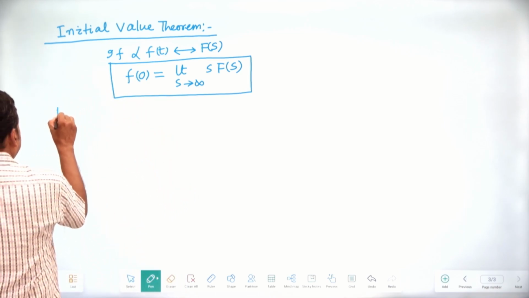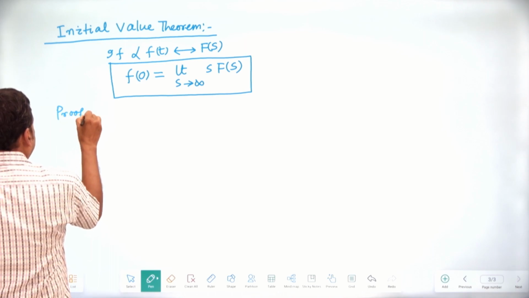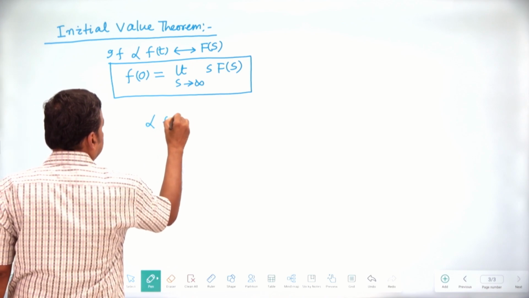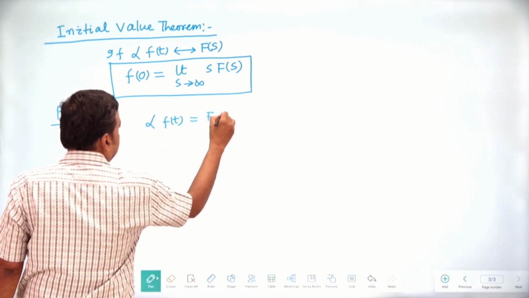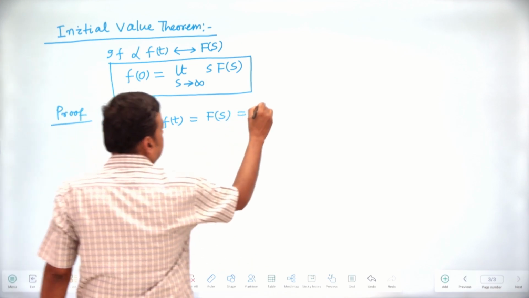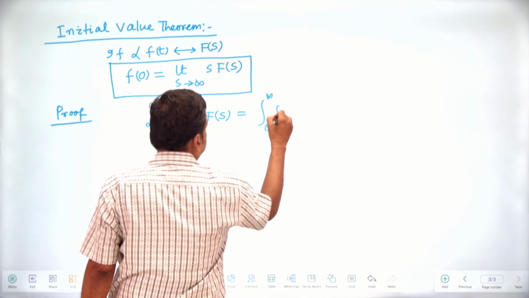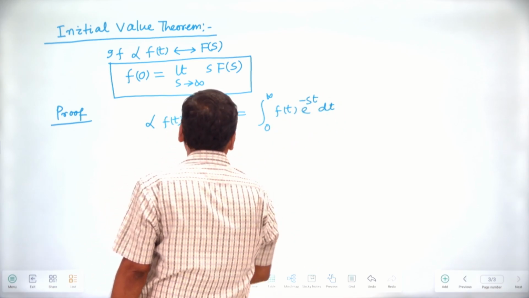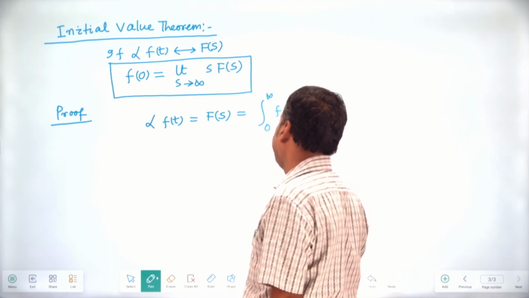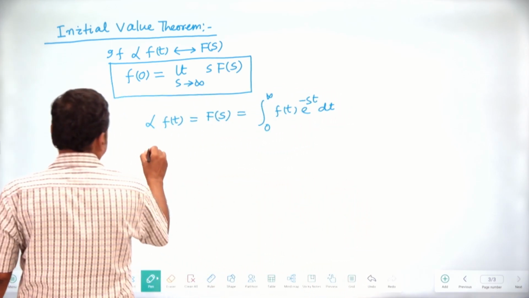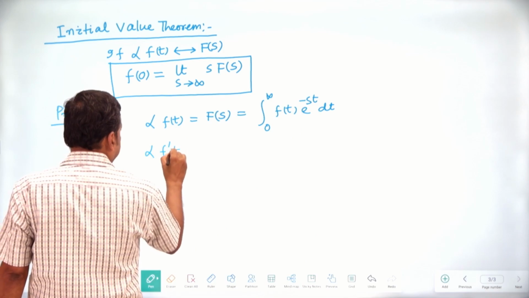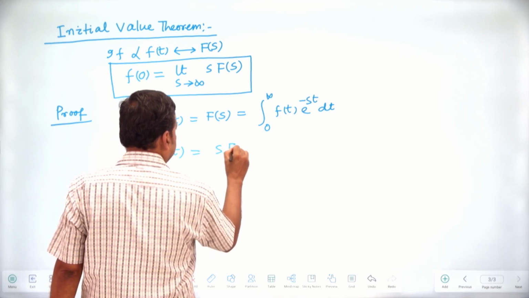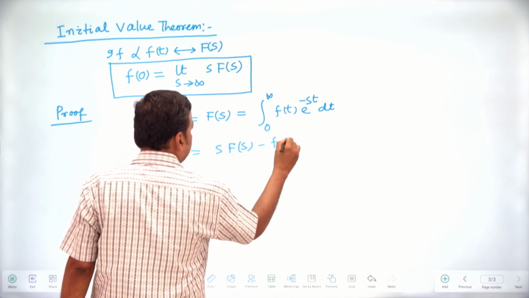As far as the proof is concerned, you already know that the Laplace transform of f(t) is F(s), with the standard formula integral from 0 to infinity of f(t) e^(-st) dt. The Laplace transform of the derivative of a function, f'(t), is s F(s) minus f(0).